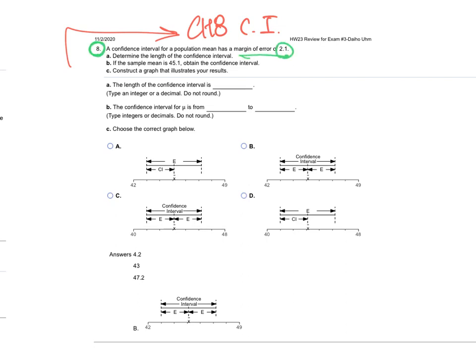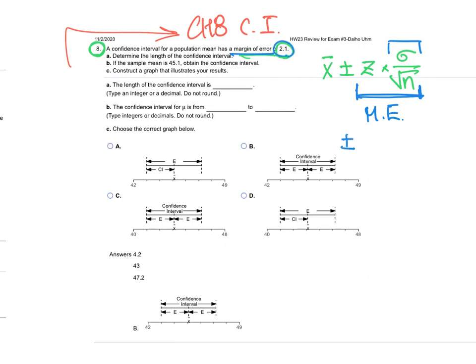There is a margin of error. Actually, the confidence interval has a form: a point estimate, the sample mean, plus and minus a critical value times sigma over square root of n, right? Actually the second term includes the critical value and the standard deviation. That was the margin of error. So now the second part is 2.1.